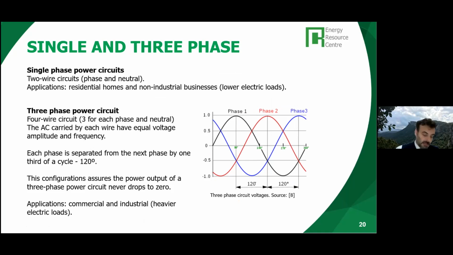And then the alternating current carried by each wire has equal voltage amplitude and frequency. That is, of course, an ideal three-phase power circuit. Then we will see that that is not always the situation in real working operation conditions.